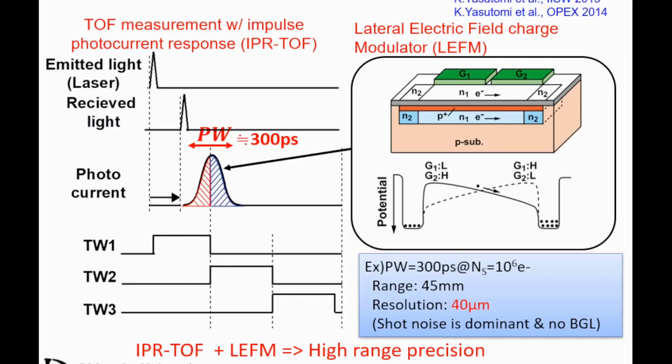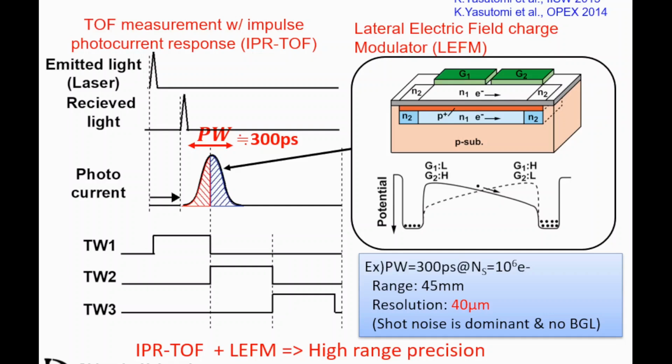The equivalent pulse width is determined by the response of the lock-in pixels. So a high-speed charge modulator realizes a short equivalent pulse width, and so we can obtain higher range resolution.